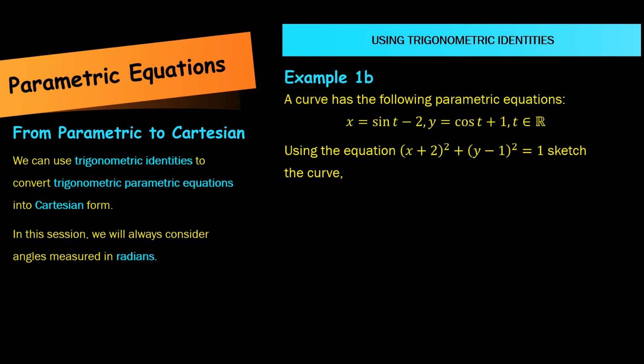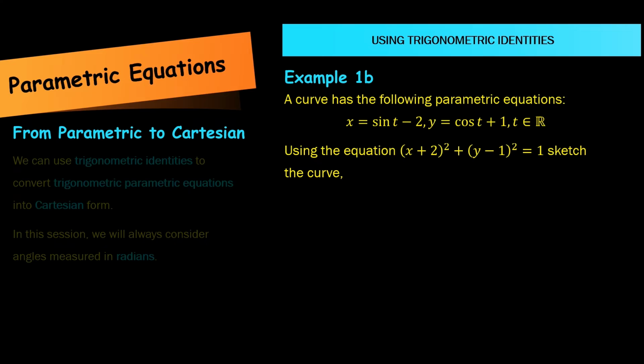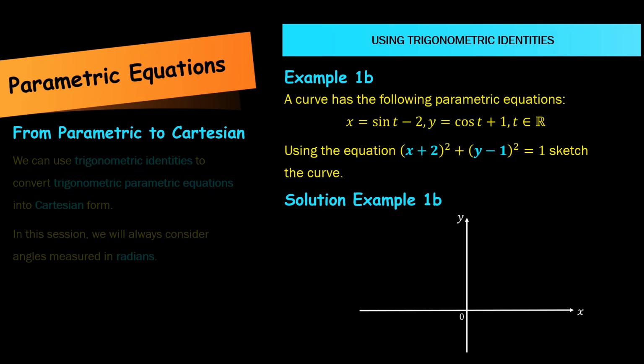Now let's take a look at part B. Using the same parametric equations as in part A, we are required to use the equation x plus 2 all squared plus y minus 1 all squared equals 1 to sketch the curve. So let's solve this. Now clearly, this equation is the equation for a circle, so we're required to find the centre of the circle first. Here are our x and y axes.